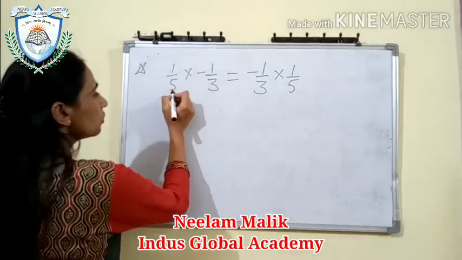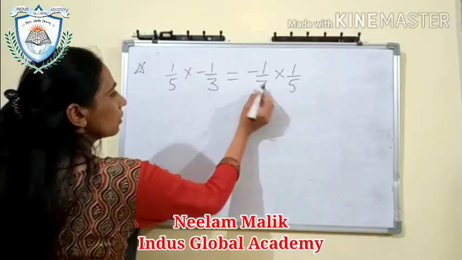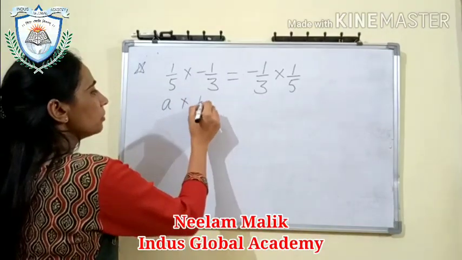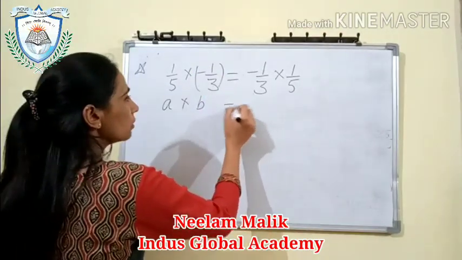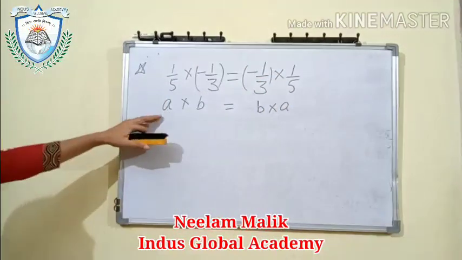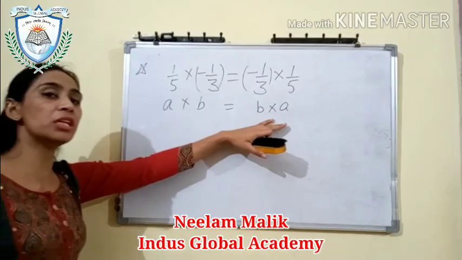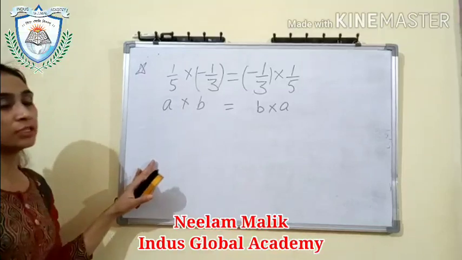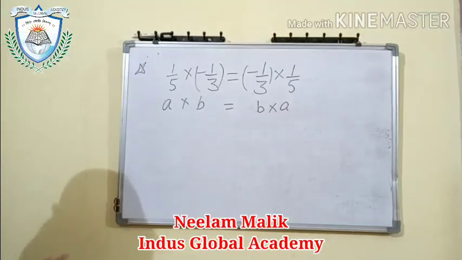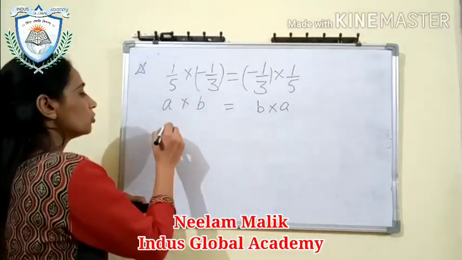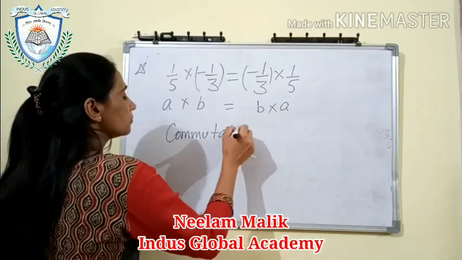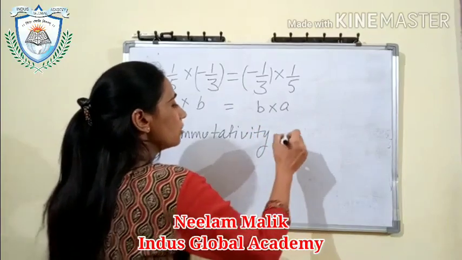This is 1 upon 5, this is minus 1 upon 3, and this is repeated. Suppose this is A multiply B, this complete is B. So here this complete is B multiply A. So which property is this? Tell me whether it is commutative or associative. So this is commutativity, because in commutativity we are taking 2 numbers. So here we are using the commutativity property.